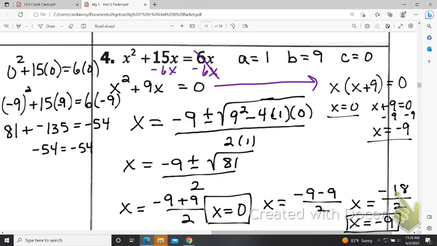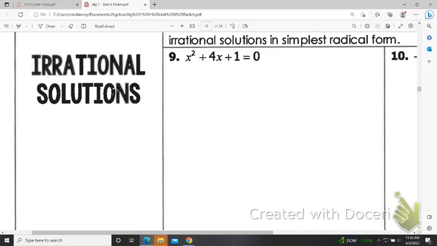Now, doing the check when we get radicals, they are not so easy to check. But when we have nice, pleasant numbers like this, rational numbers, then the check is manageable. All right, I'm going to go to another problem, but the next one is going to have not a perfect square under the radical. So the discriminant will not be a perfect square on this next one. Alrighty, here we go.